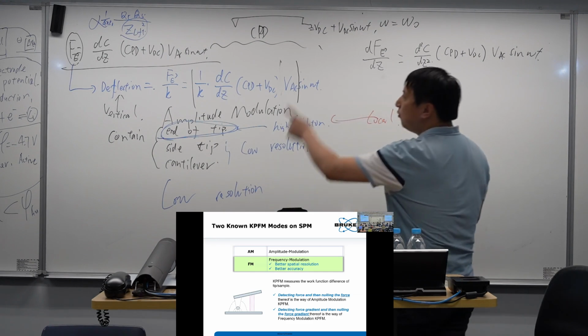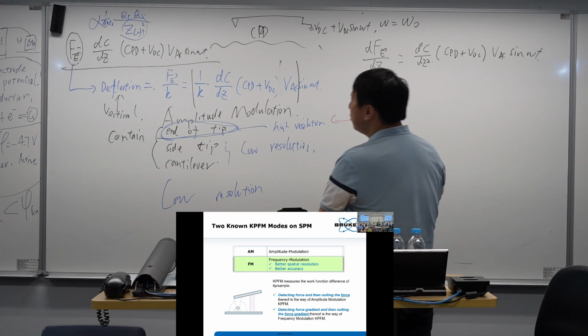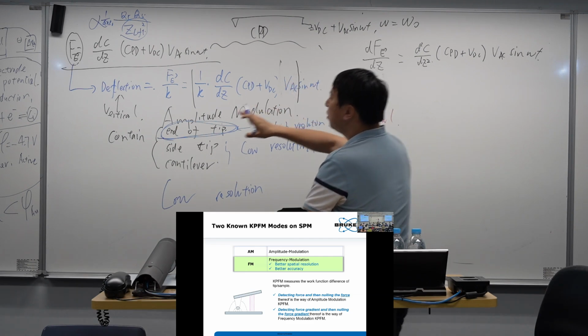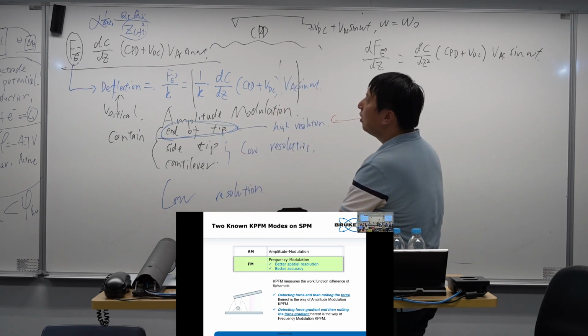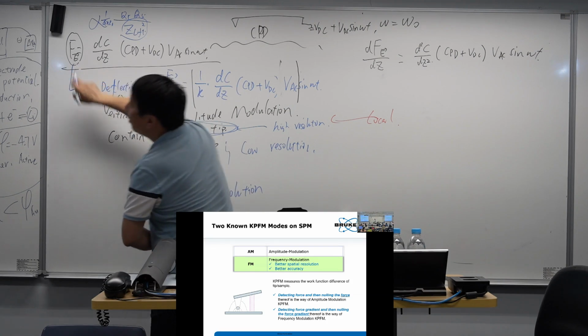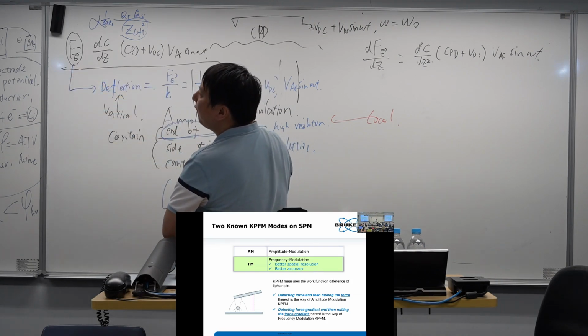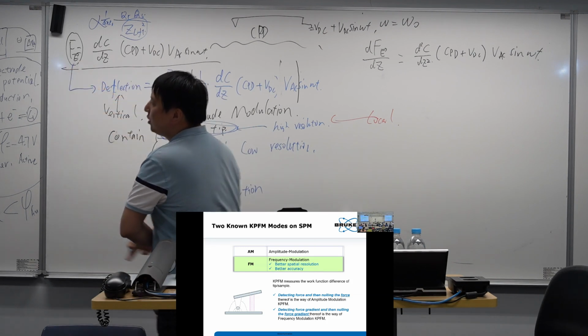If we want our measurement localized on the end of the tip, we want this term to be more short range.